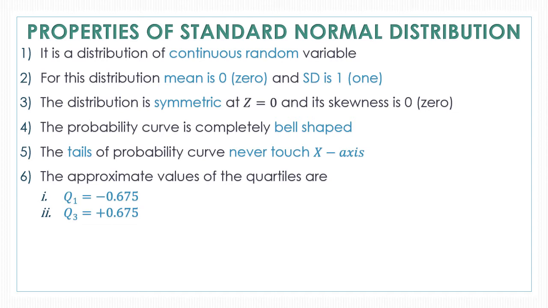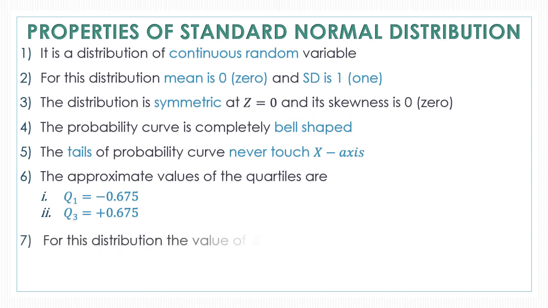So writing mu plus or minus, that is 0 plus or 0 minus, means nothing, and because sigma is 1, multiplying it with 1 also means nothing. So the quartile values, Q1 is negative 0.675 and Q3 is plus 0.675. So remember this. These are the direct values of the quartiles for standard normal distribution.